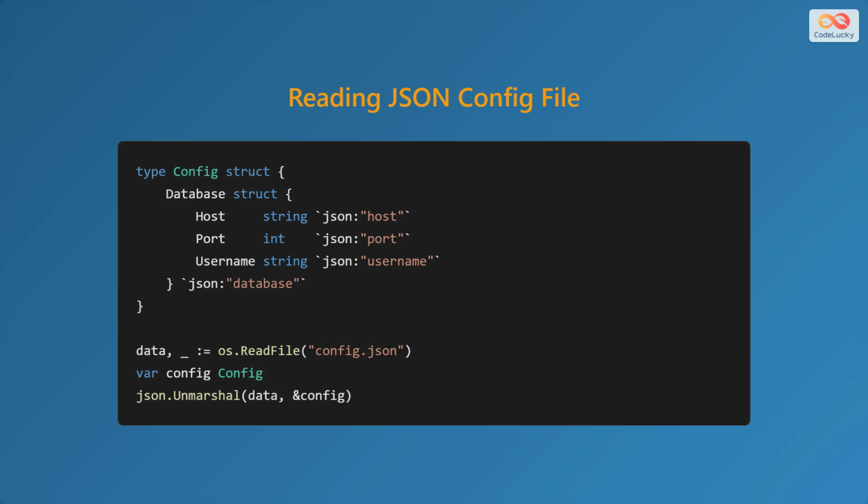Each field has a JSON tag that specifies the corresponding key in the JSON file. To load the configuration, we use os.ReadFile to read the configuration file into a byte slice, create an instance of our Config struct, and then use json.Unmarshal to parse the JSON data into our struct. This approach provides type safety and makes it easy to access configuration values throughout your application using dot notation.